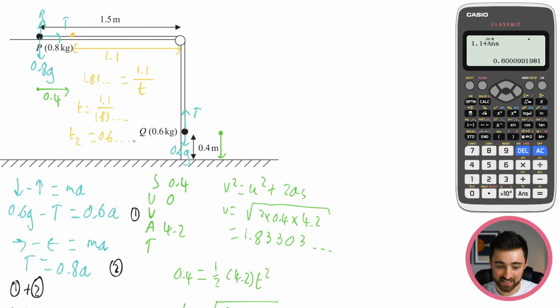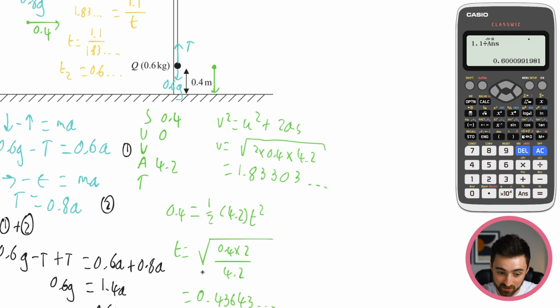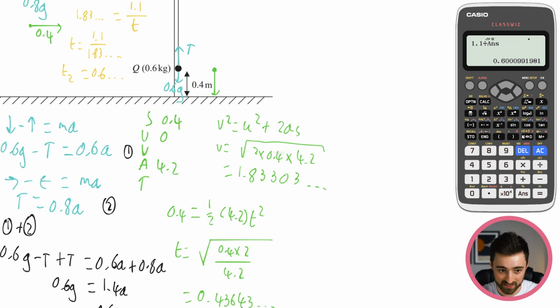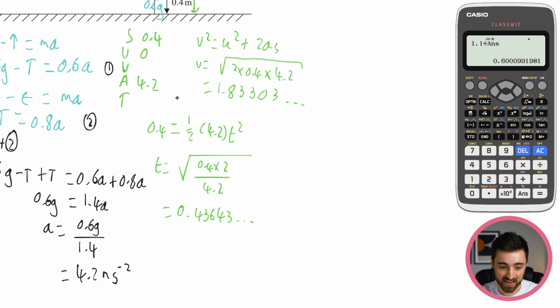So that's the 0.6. Add that to the first t, which I got as this, and that should be the answer. So this I've got stored as my ans.